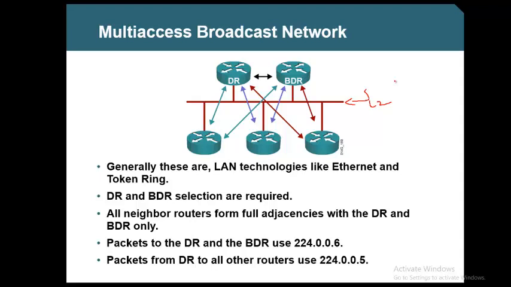And a backup designated router is also elected. This is not a new story; we have already spoken about this earlier. Every router will form full adjacency with the DRs. When I say DRs, it includes both DR and BDR. What does full adjacency mean?